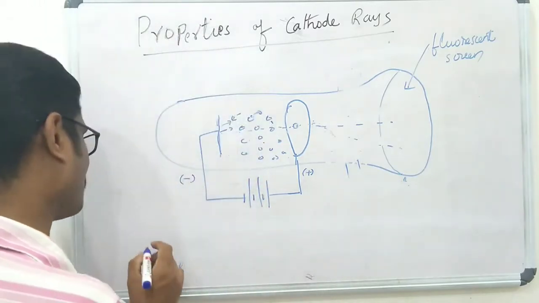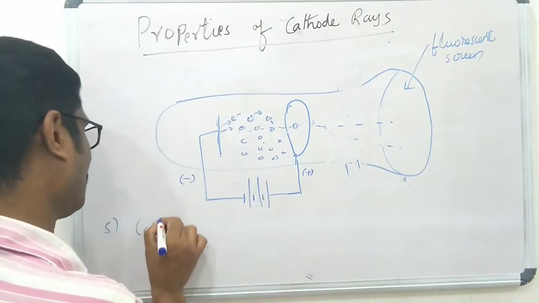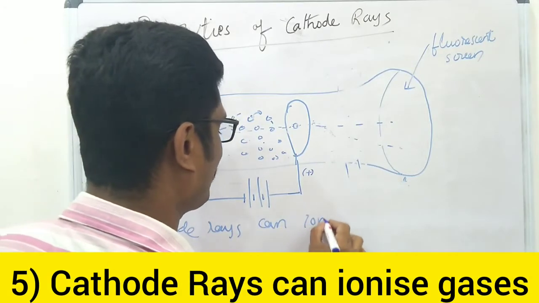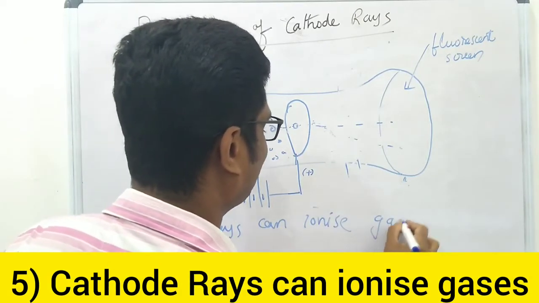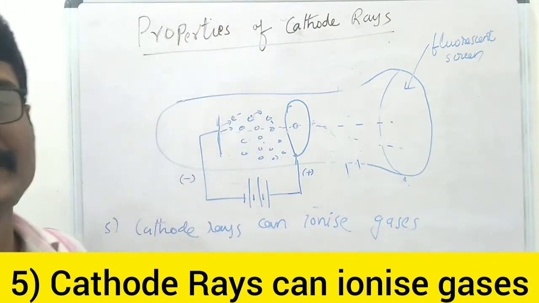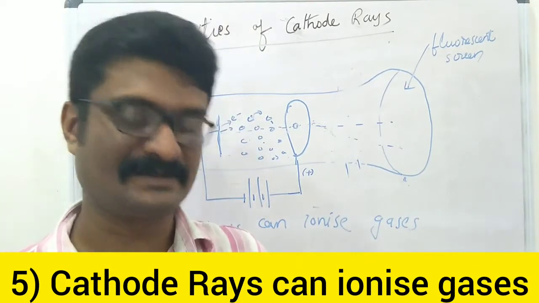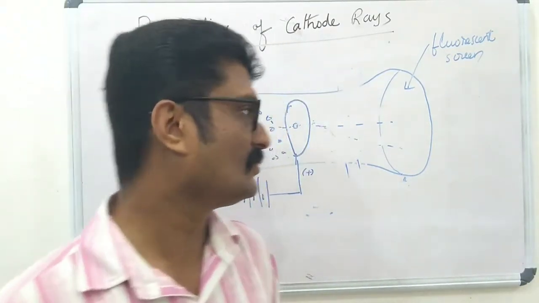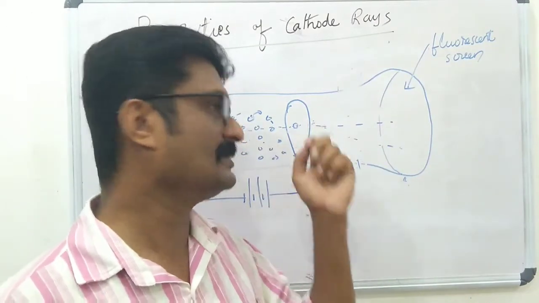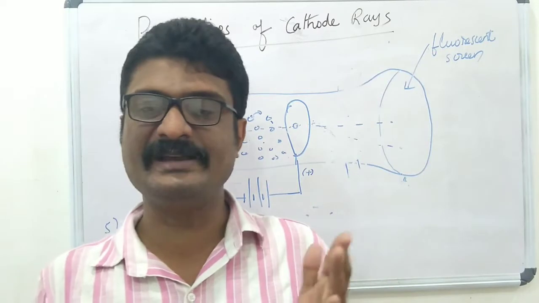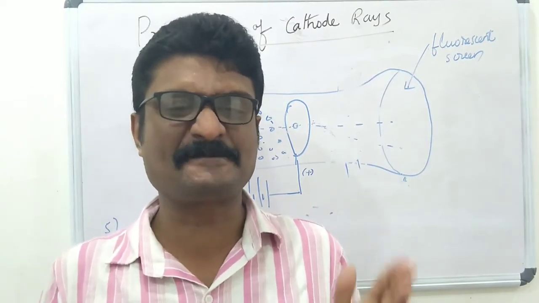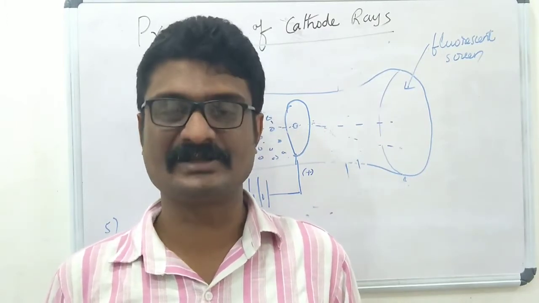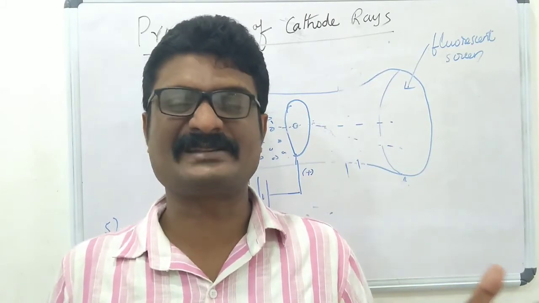Then the next property: cathode rays can ionize gases. Then the next property, already we have learned, when cathode rays strike a fluorescent substance like zinc sulfide, they produce fluorescence, that means glow.